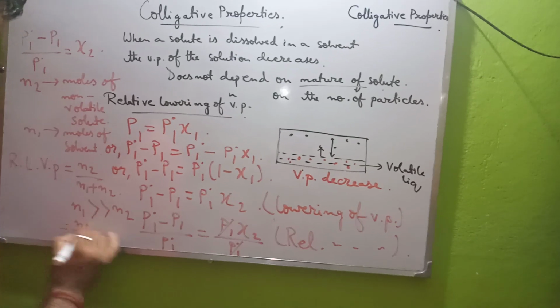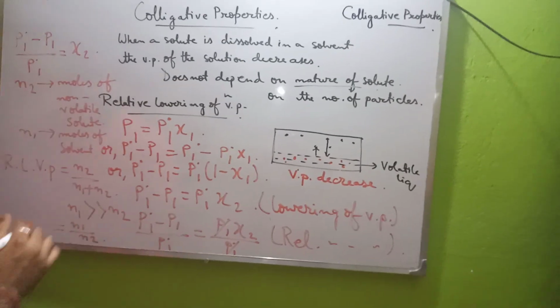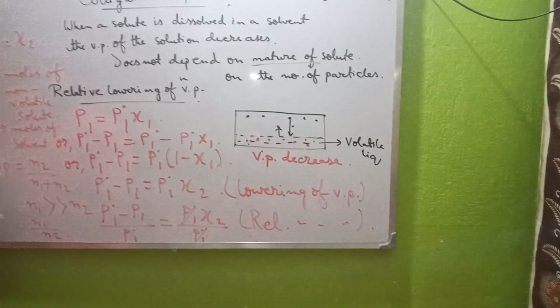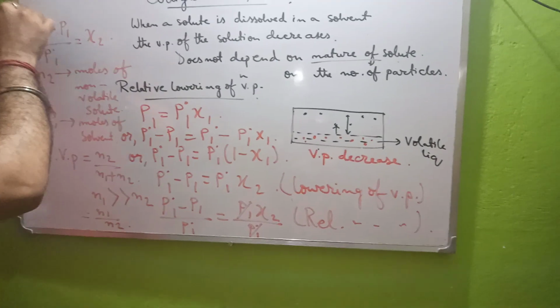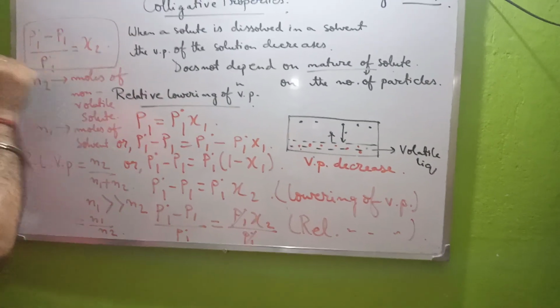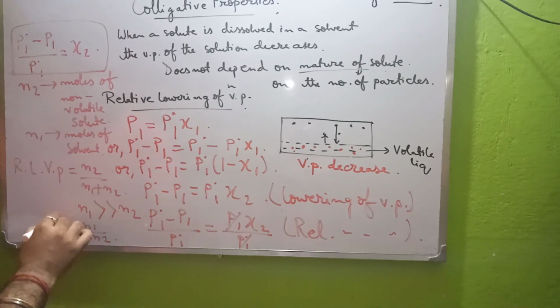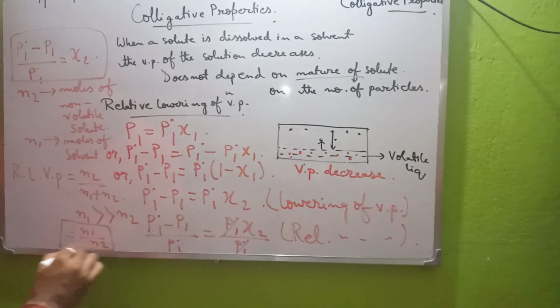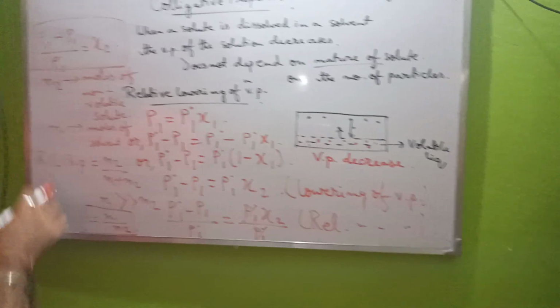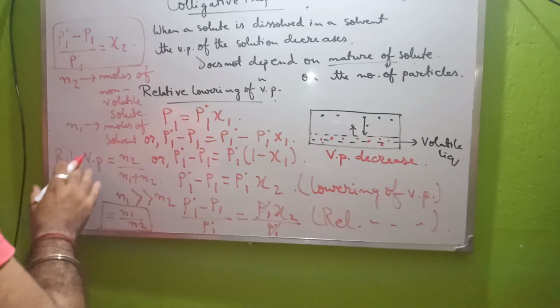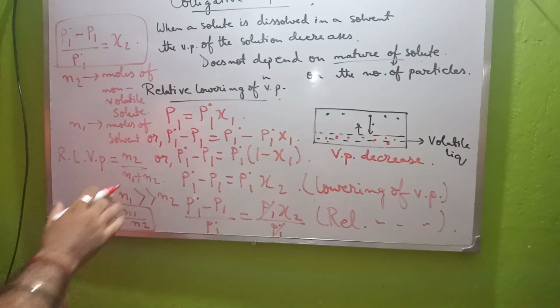So what we will be writing? n2 by n1. This is another way to calculate the relative lowering of vapor pressure on the basis of moles of solute and solvent.